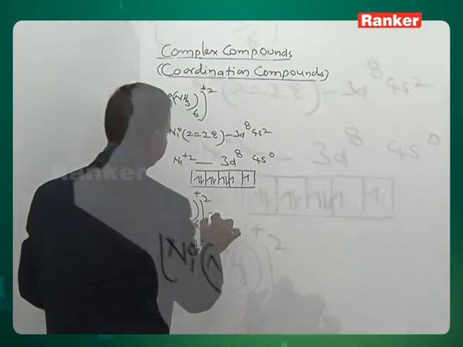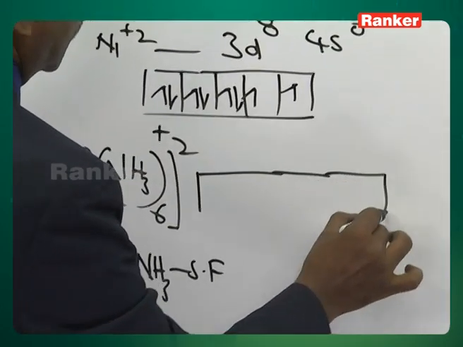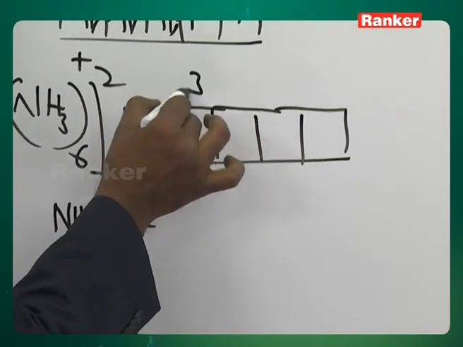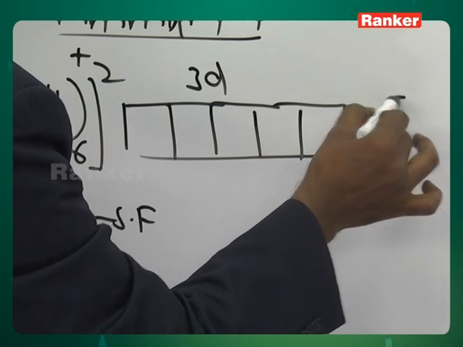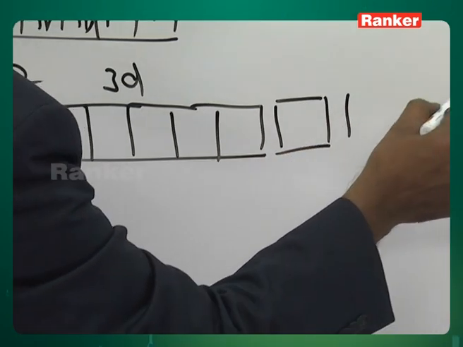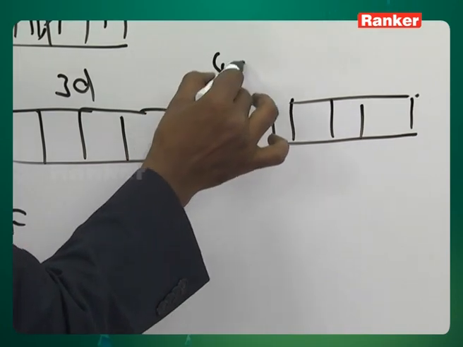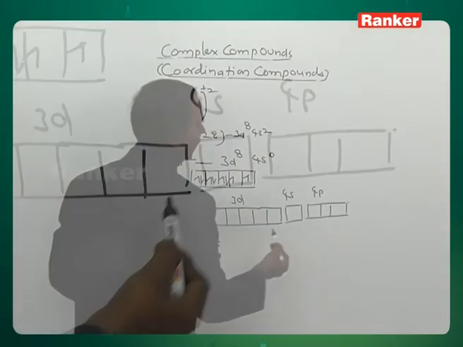Let us check it now. This particular d8: 3d, 4s, 4p, and 4d orbitals also.